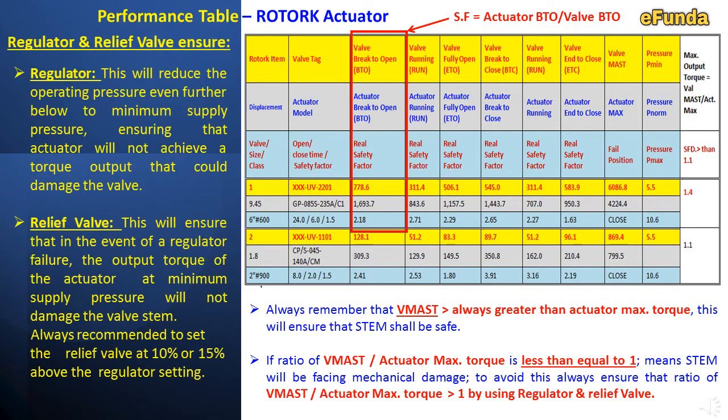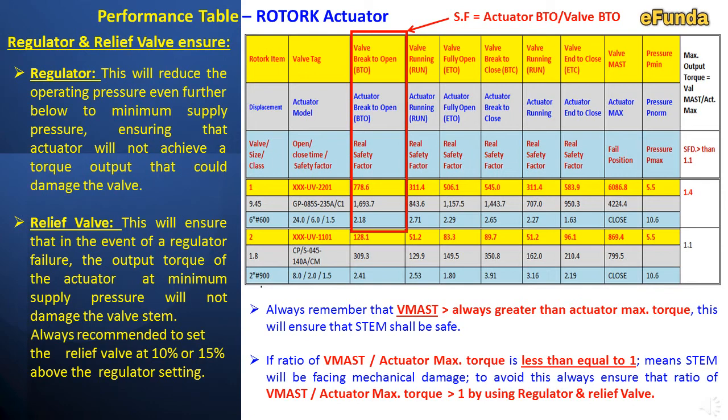Now we will see the uses of regulator and relief valve. Regulator: this will reduce operating pressure even further below the minimum supply pressure, ensuring that the actuator will not achieve a torque output that could damage your valve stem.